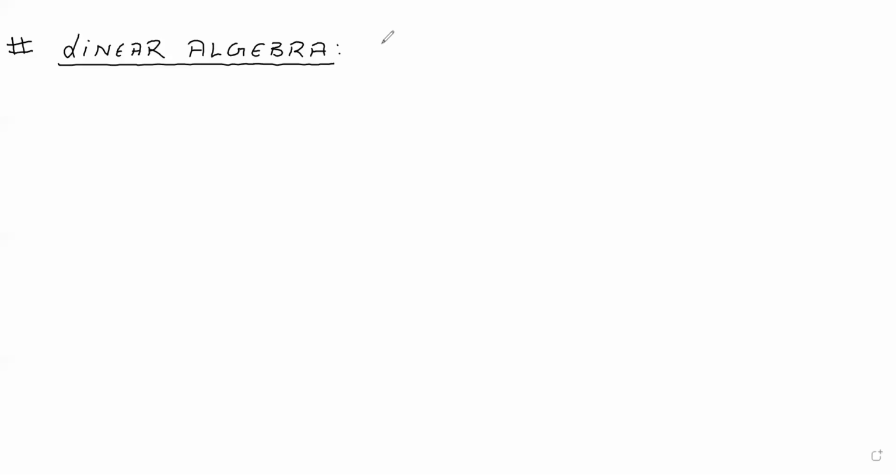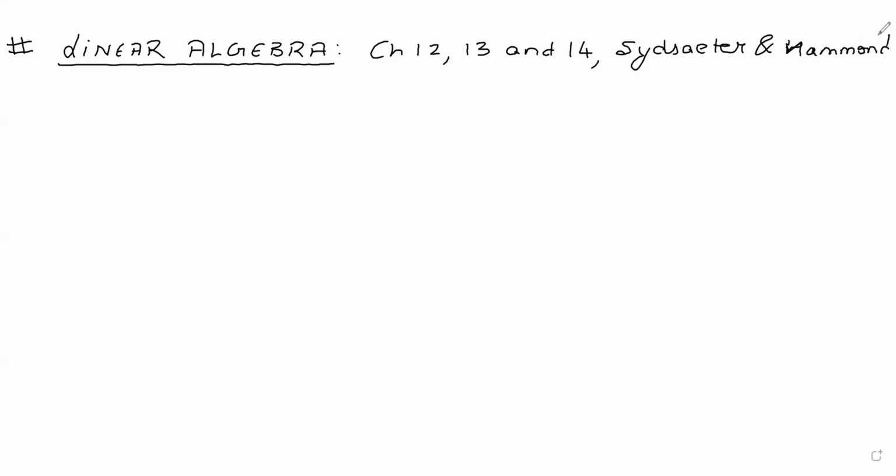Formally, this is chapter 12, chapter 13, and chapter 14 of the book which I prefer to follow for the lectures, which is Sydsaeter and Hammond. So this is linear algebra, which is chapter 12, 13, and 14 of Sydsaeter and Hammond.